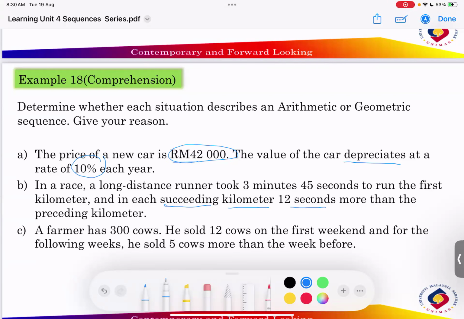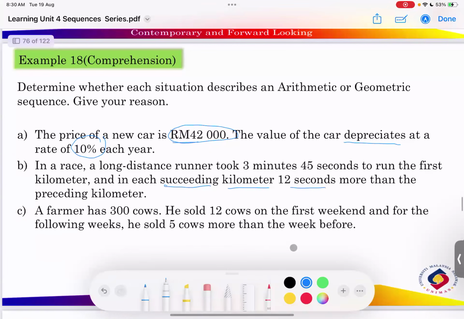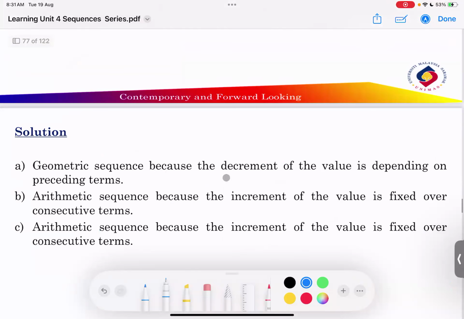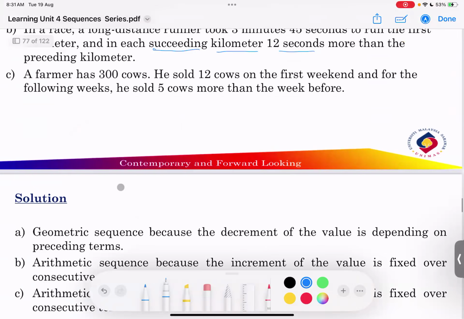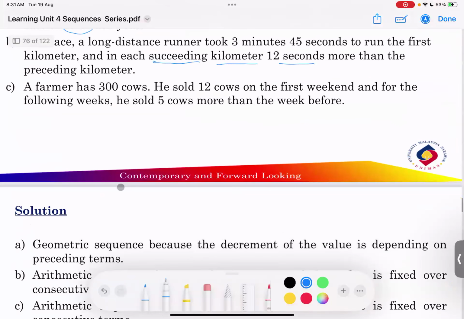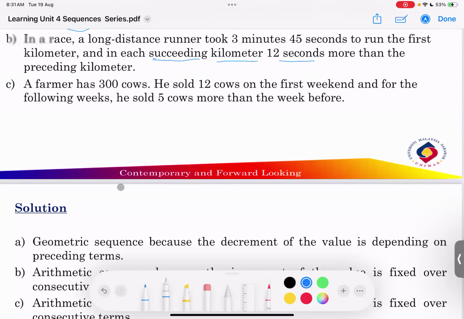Okay, so let's see the answer here. For the first question, A, geometric sequence, because the decrement of the value depends on the preceding term. So the 42,000, you are going to reduce 10% from the overall total balance.